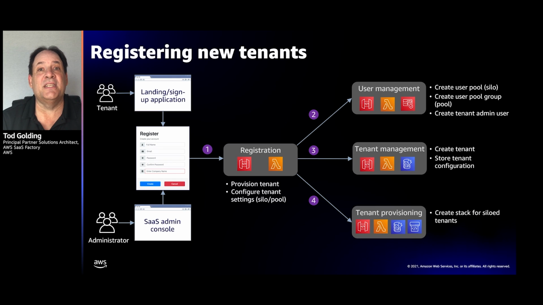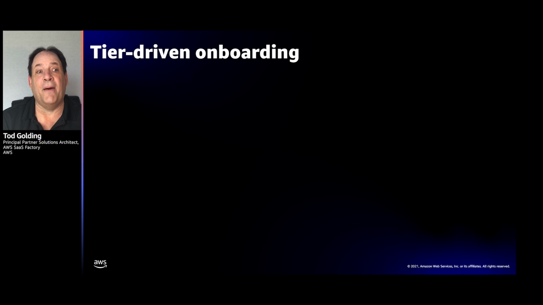But ultimately, when this is done, right, when I've created the user, created the tenant, and the registration is done, everything is done, a tenant is now in the system and ready to be activated and used. And that tenant can essentially come and log in and begin to use the service. And getting all of this orchestrated and frictionless is essential to building a SaaS environment that can scale.